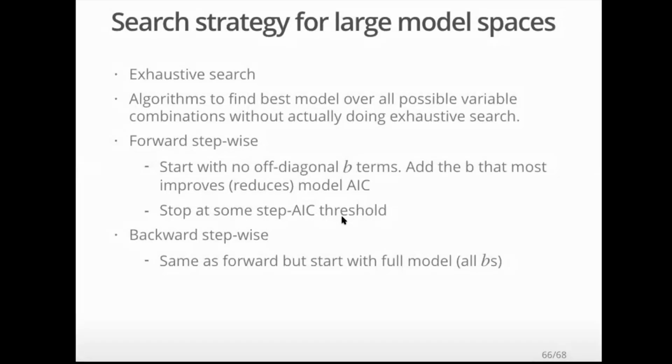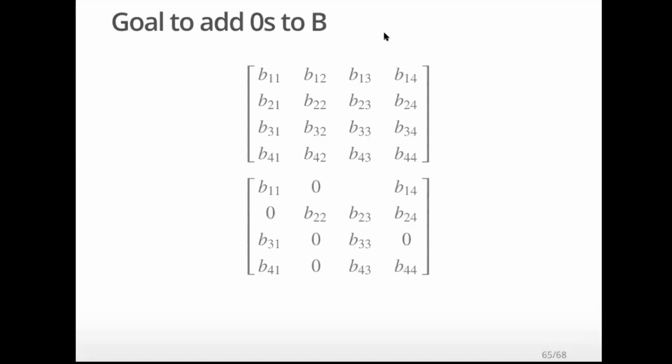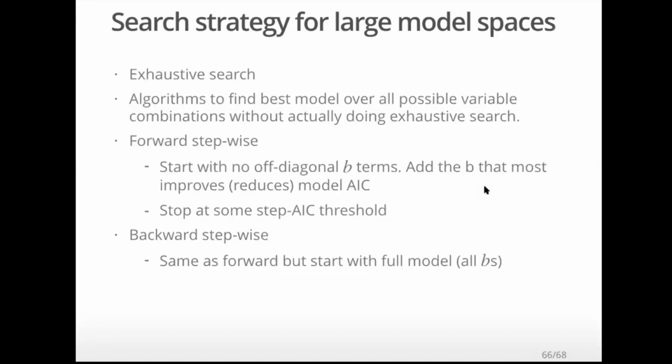And basically, this is a strategy where you're searching model spaces. If you look at the number of ways that you can put in zeros, it's a very, very large number when you calculate out all the different combinations. So you need a strategy by which you're going to compare different models. Different models are going to be models where the zeros appear in different places. And there's a lot of different strategies that people use.